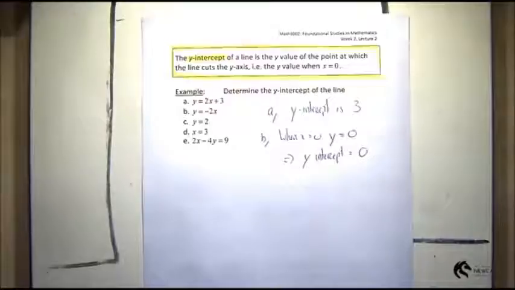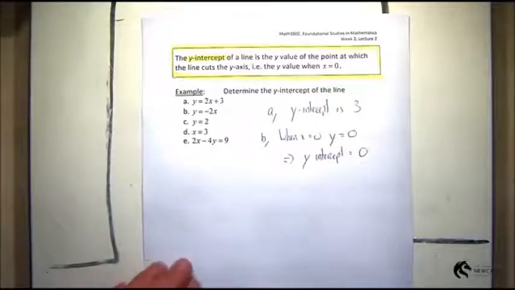And if we were to now look at the pictures, here's the line y equals 2x. It's coming down, down, down, hits the y-axis right at the origin, and so the y-intercept is 0. The y value of the point at which it crosses the axis is 0. And we can do that for the others as well.